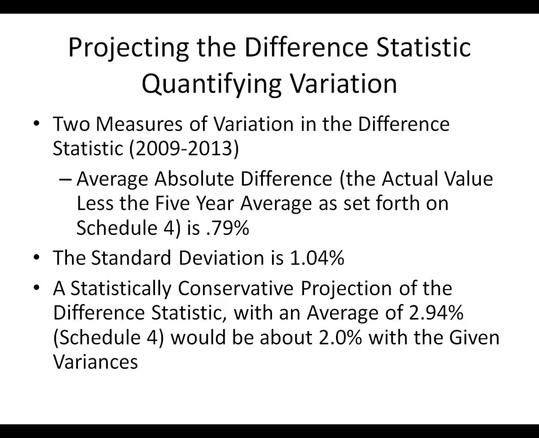If we consider those measures in the context of the experienced average of 2.94%, my view is that it would be reasonable to establish as a conservative projection of the difference statistic a 2% projection, because that would basically account for the actual experience less, more or less, the average of these different measures of variance.